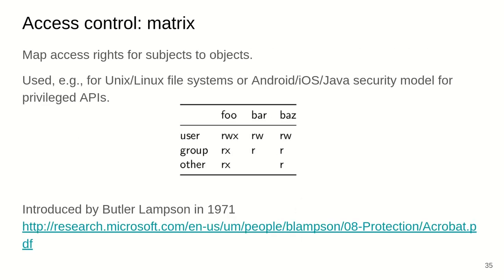For both role-based access control and classic models, a matrix can be used to map access rights for users to objects, or users to roles. For example, the Unix or Linux file system, and the Android, iOS, and Java security models for privileged APIs, use different kinds of access control matrices. This was introduced by Butler Lampson in 1971, and I highly recommend the paper.